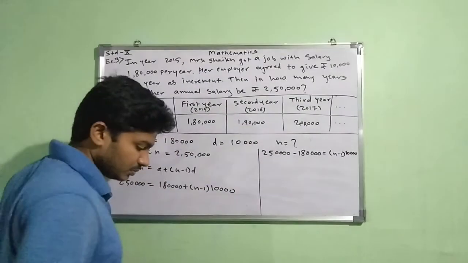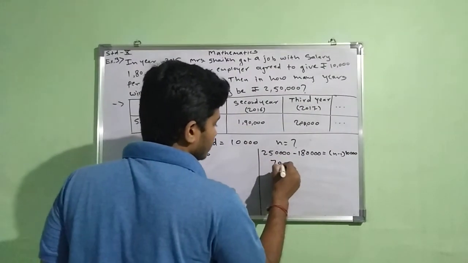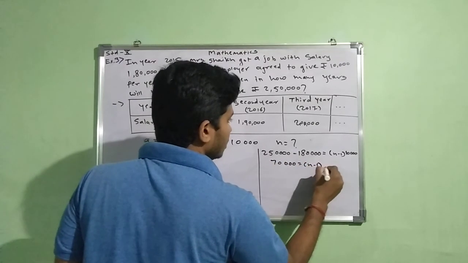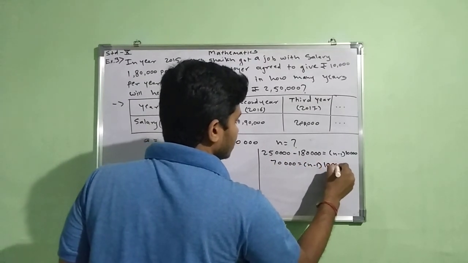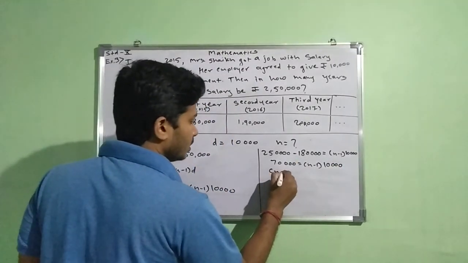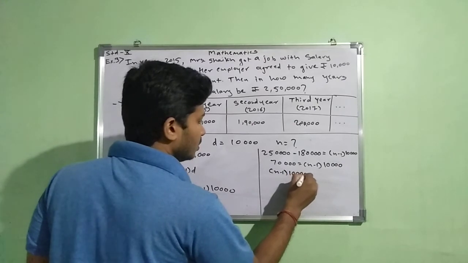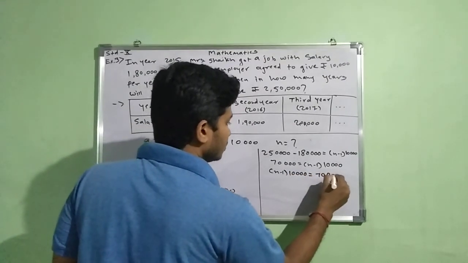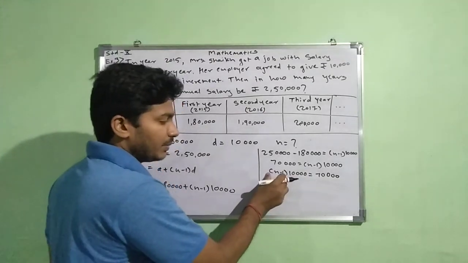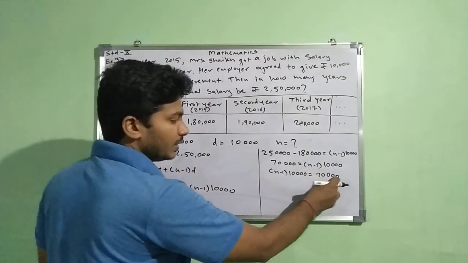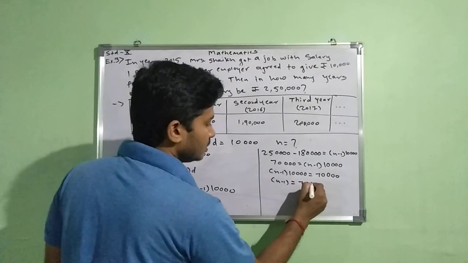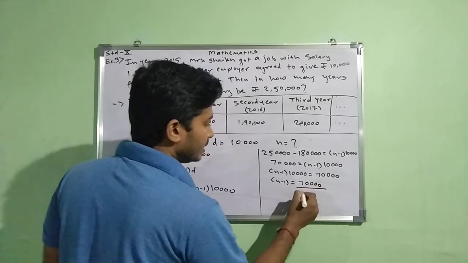The subtraction gives 70,000, which is equal to n minus 1 into 10,000. Now 10,000 is multiplied with n minus 1, so when it goes to the right hand side it becomes division. So n minus 1 will be equal to 70,000 divided by 10,000.